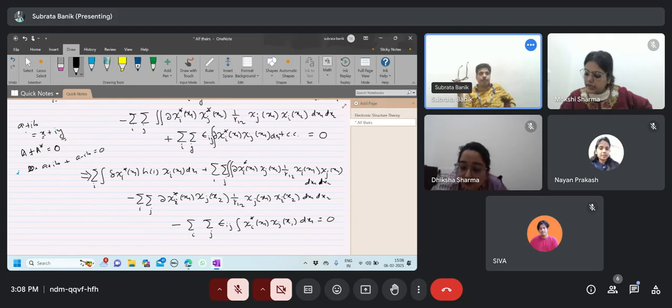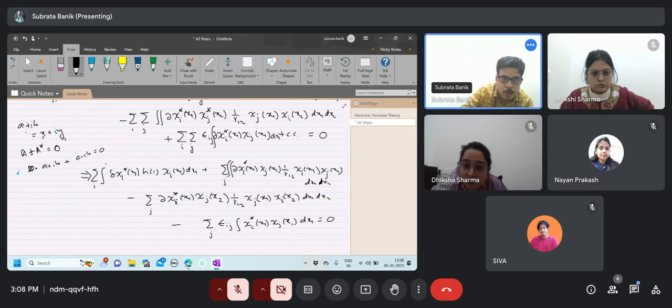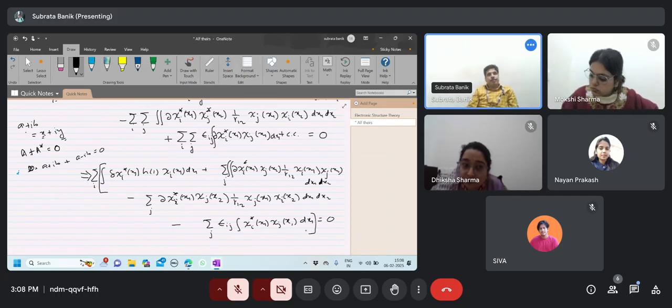So in the next line, I'll omit this sum over I and make it a common term. Is it clear? From all terms I have put sum over I, from 1 to n, as common, since it is there in all terms.